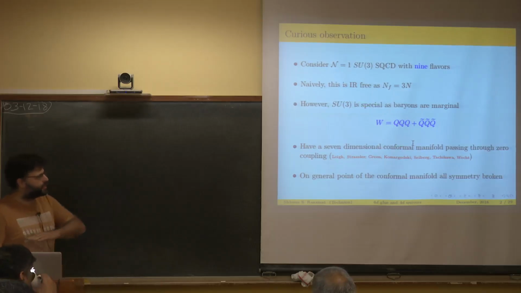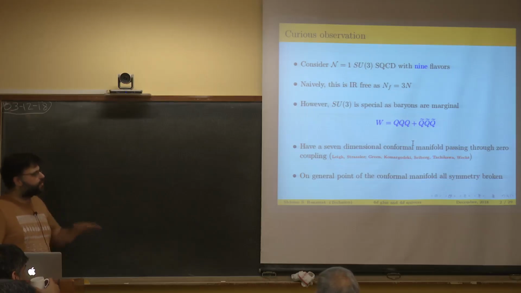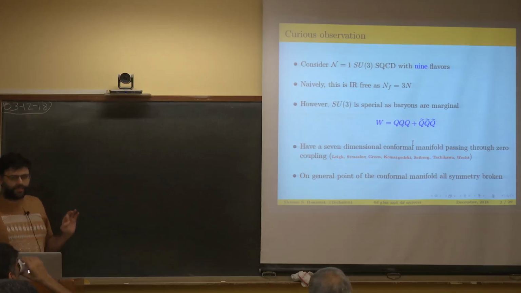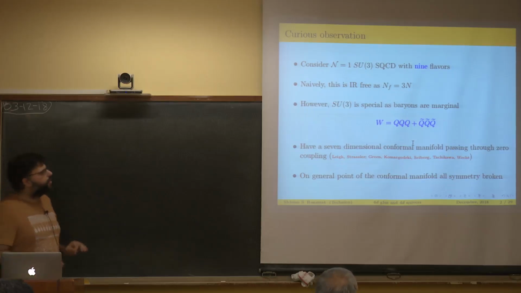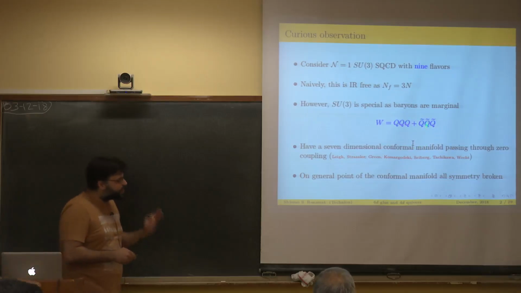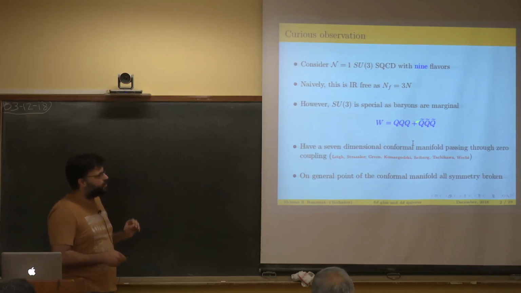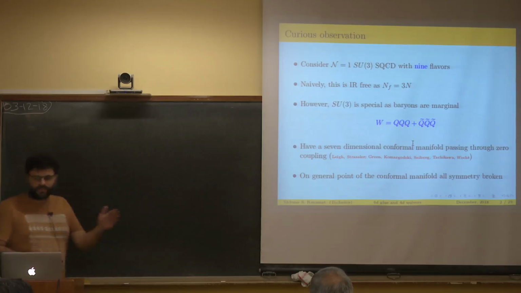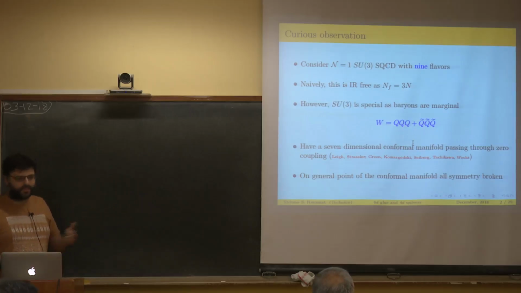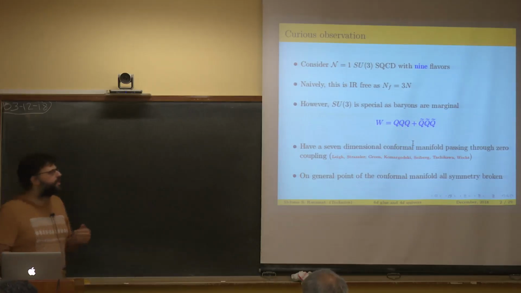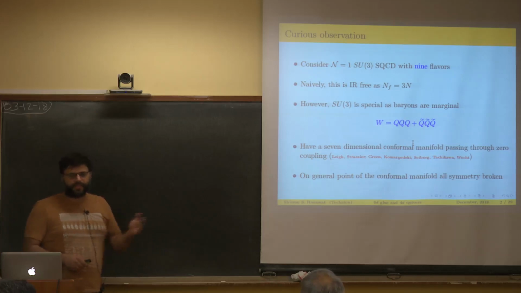It's a theory which has actually a very large conformal manifold, a 7-dimensional conformal manifold, which passes through zero coupling. Okay? The reason why SU(3) is different is because we have a large number of marginal operators that we can build. Basically, baryons and antibaryons are marginal. So there are a lot of marginal operators, and some of them turn out to be exactly marginal.